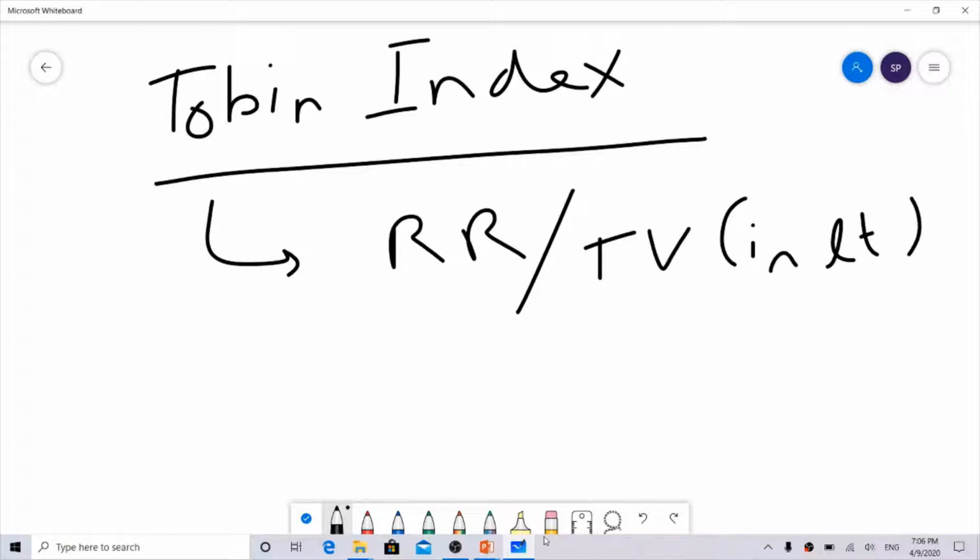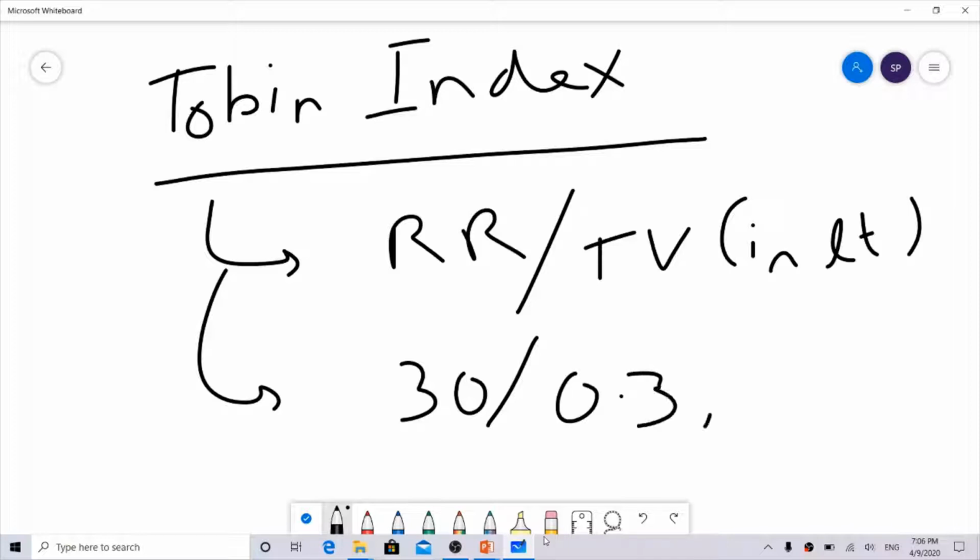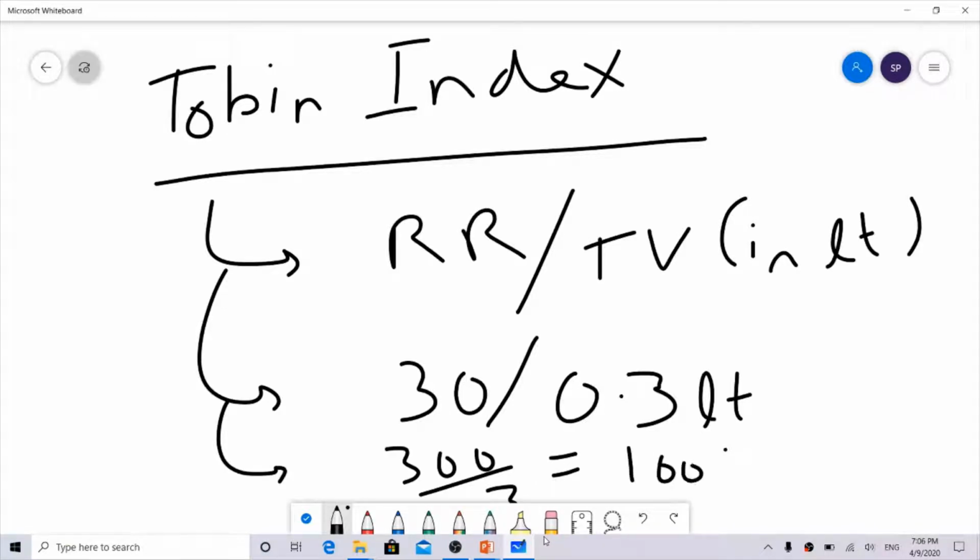Let's consider the respiratory rate to be 30 and the tidal volume to be 300 ml, which is 0.3 liters. So we get 30 divided by 0.3, and the Tobin index comes out to be 100.